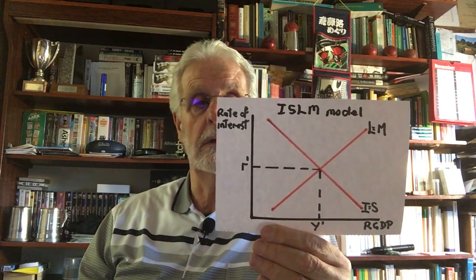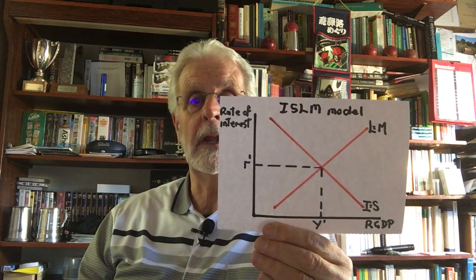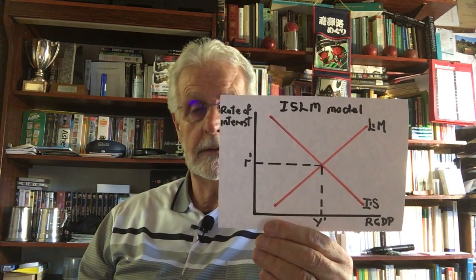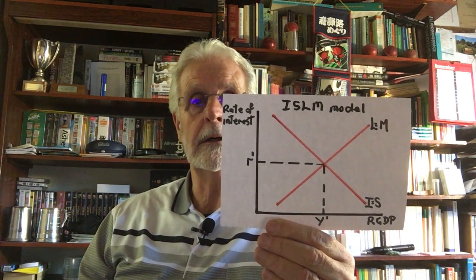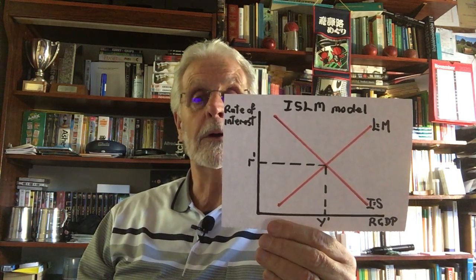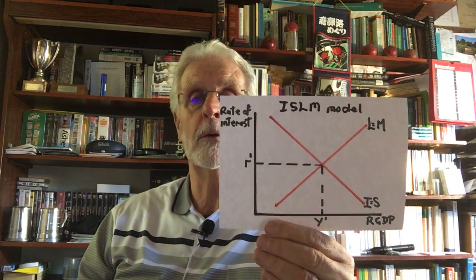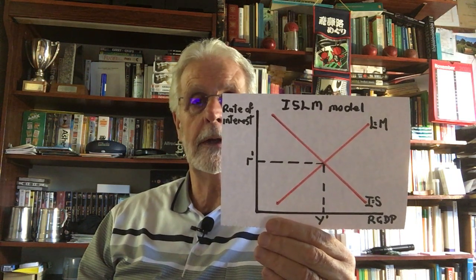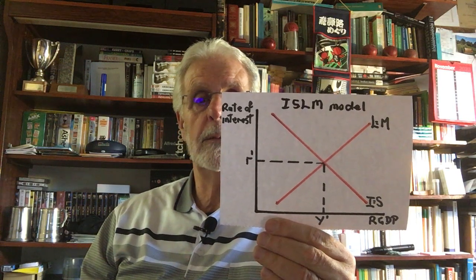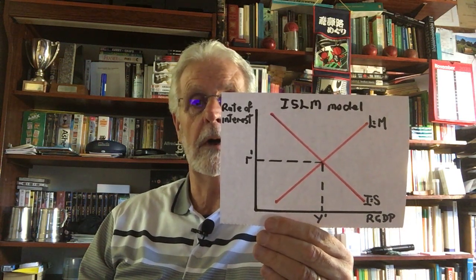So the LM curve is upward sloping from left to right. That is, as people become better off, they demand more money, holding more of their assets in the form of money, and the point at which you create an equilibrium between the supply and demand for money is upward sloping from left to right.